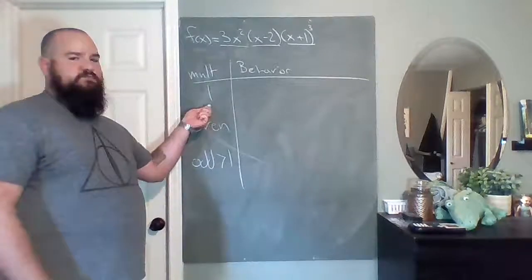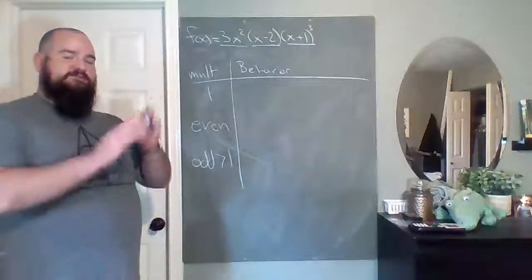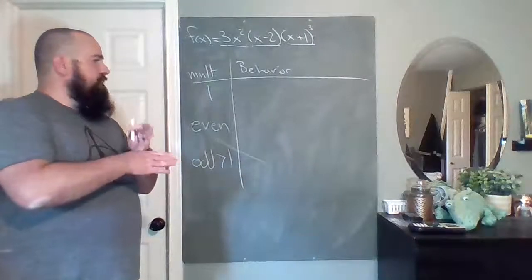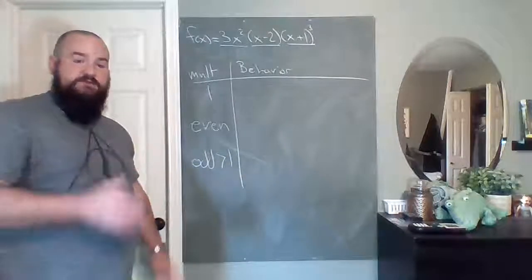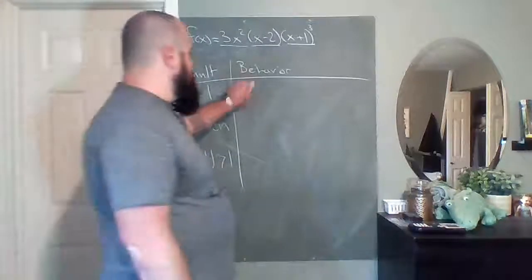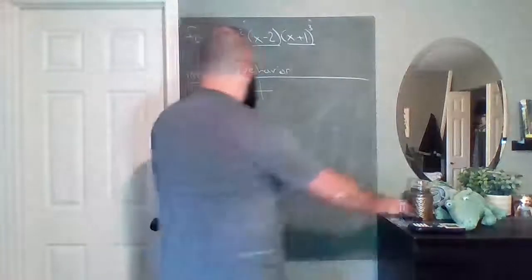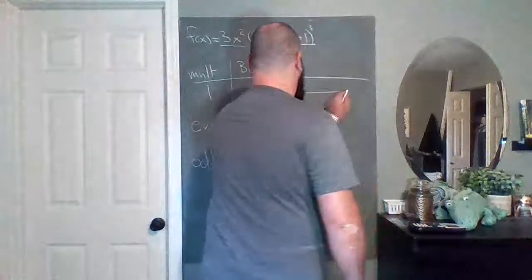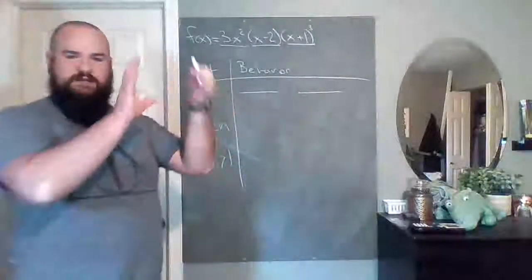Now if our multiplicity is 1, as we come to that x-intercept, that root, our function behaves like a linear function, like a first degree polynomial. Imagine these are two random chunks of the x-axis.